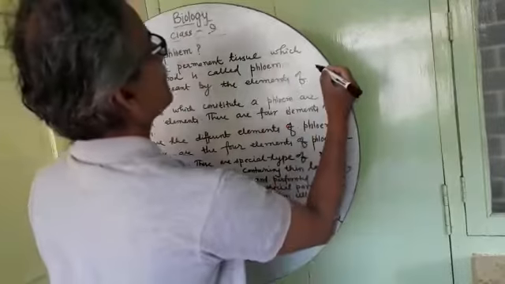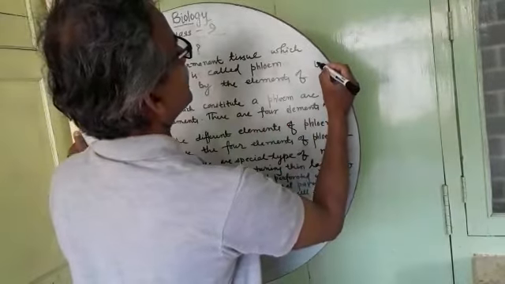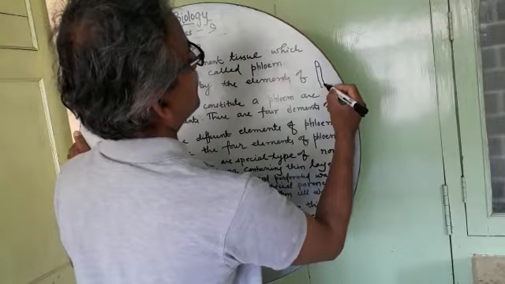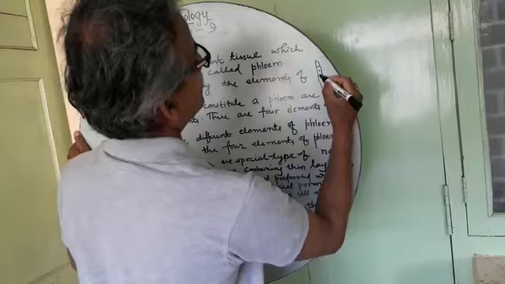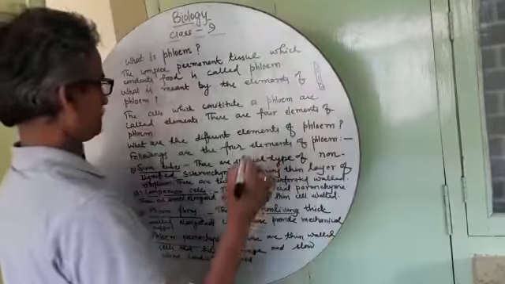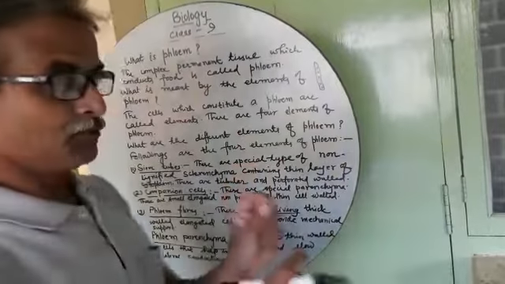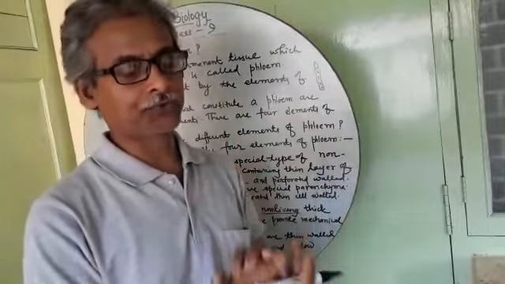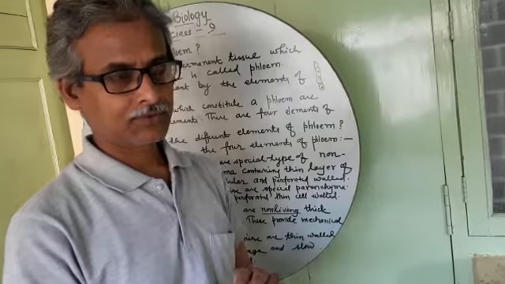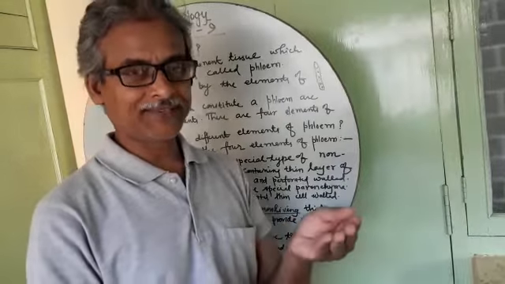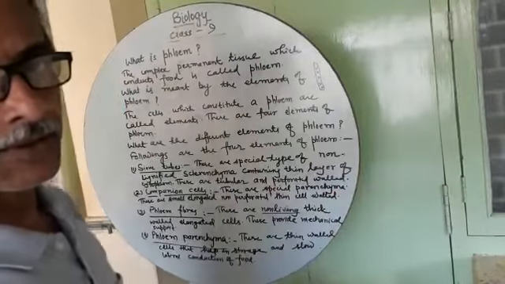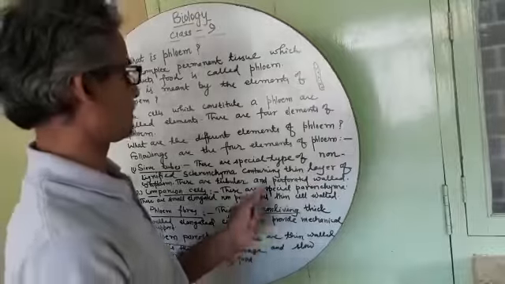So such holes are found. These are sieves. Sieve means pores. Sieve means net. So this is a net-like cell, perforated.